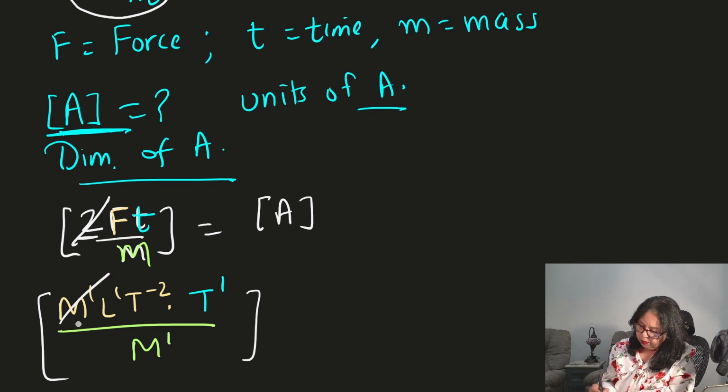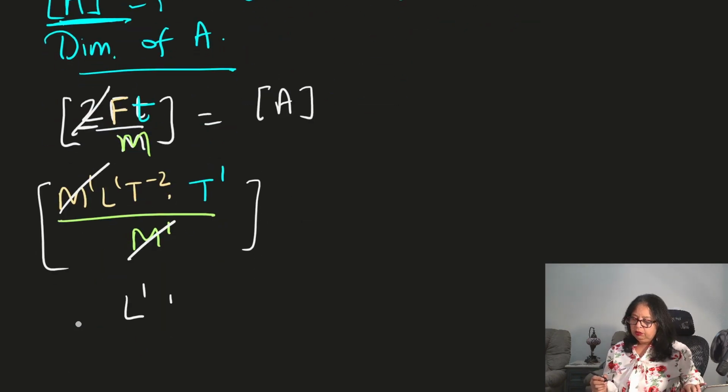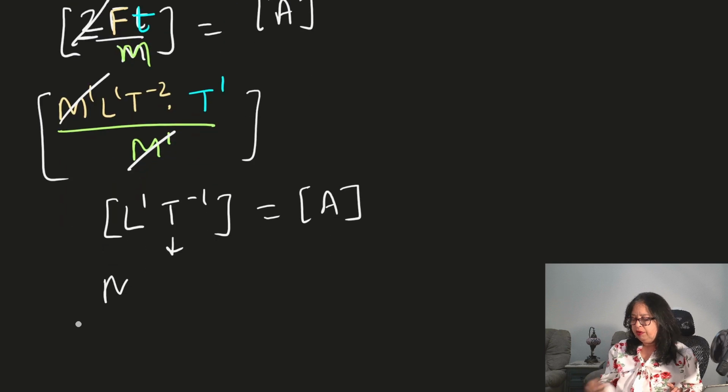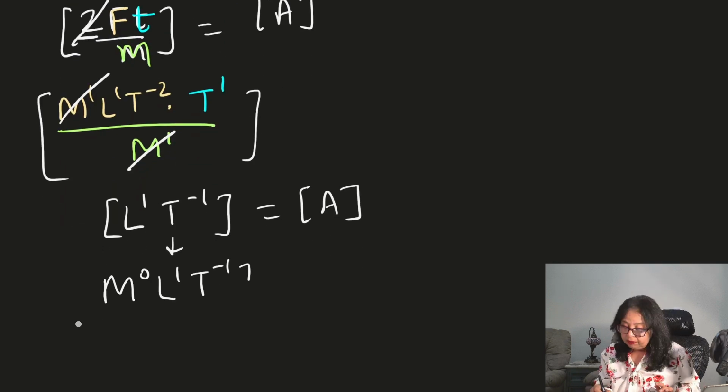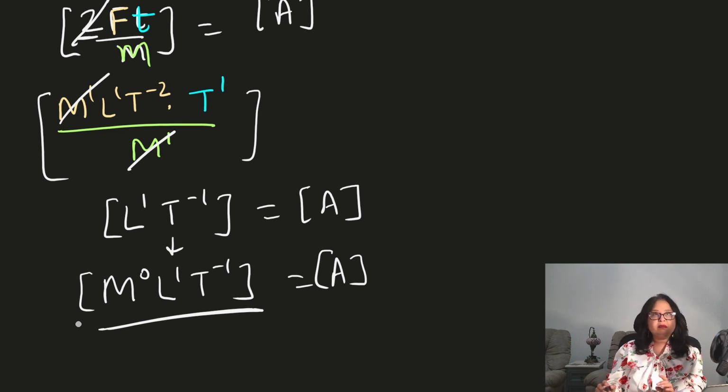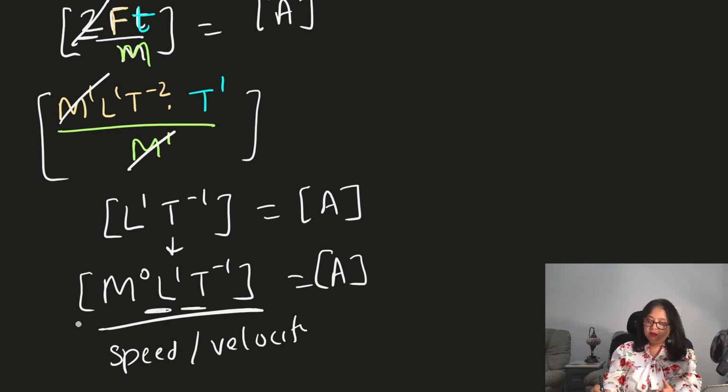So M1 cancels out M1, and you're left with L1 T^-1 as the dimensional formula for A, which, to be technically correct, you have to write as M0 L1 T^-1. Just by looking at this, can you tell me what physical quantity it is? There's no mass, there's length at the top, time at the bottom, correct? It could be speed or velocity.